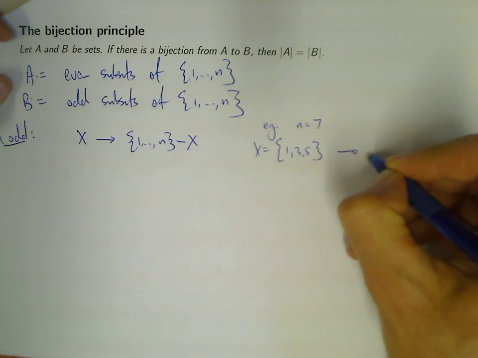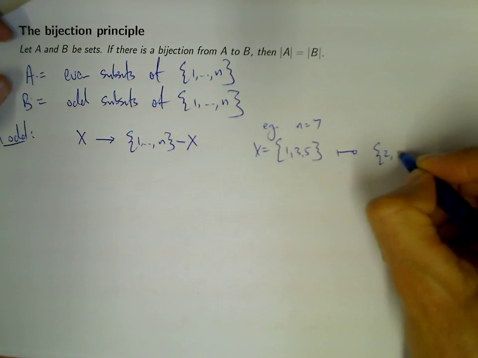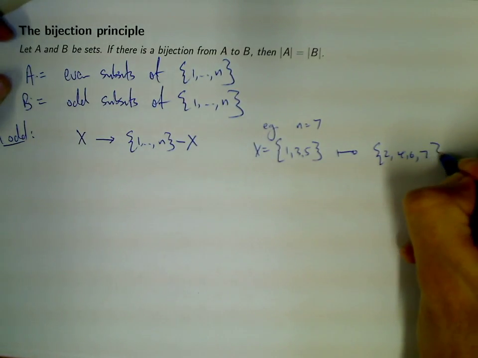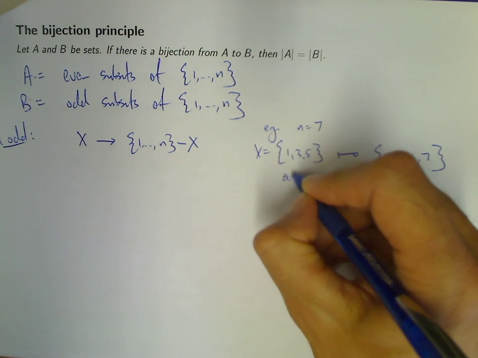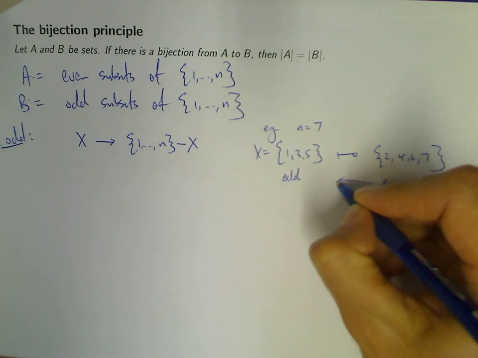Then I just map it to the complement, which is going to be 2, 4, 6, and 7. And what you notice is this took an odd subset and turned it into an even one, and it will turn an even one back into an odd one.